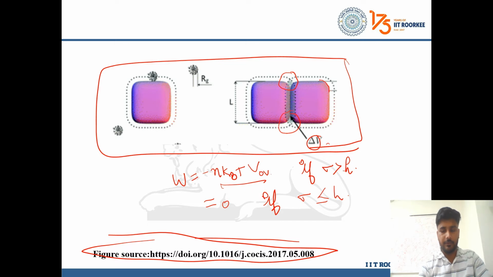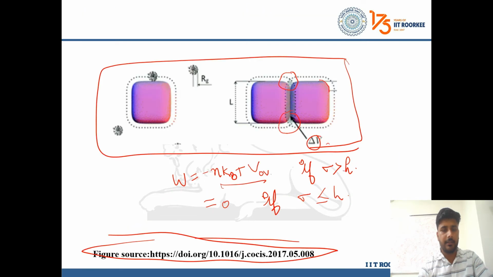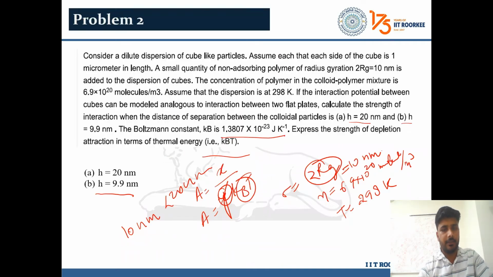In the first case, the sigma value is 10 nanometer and the h is 20 nanometer. So the second case applies here, and the interaction potential will be 0 for this case.